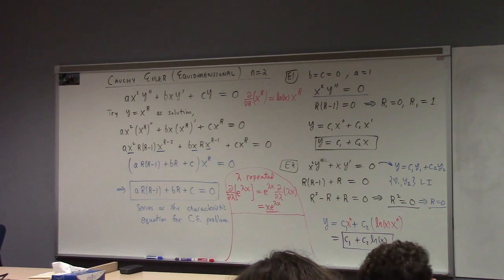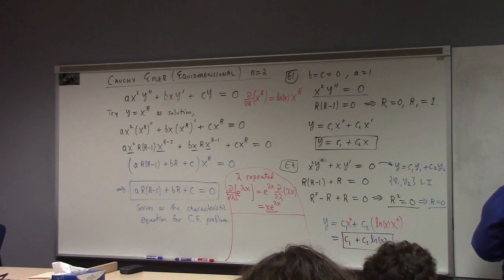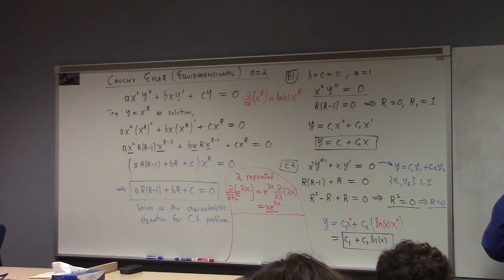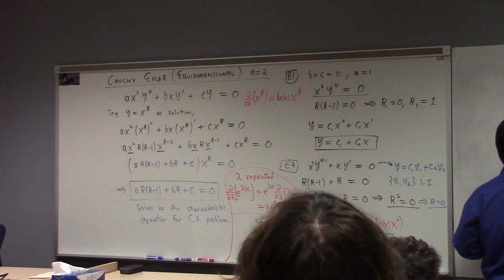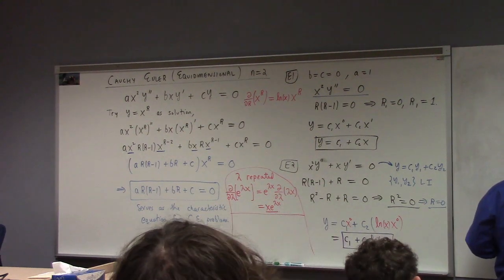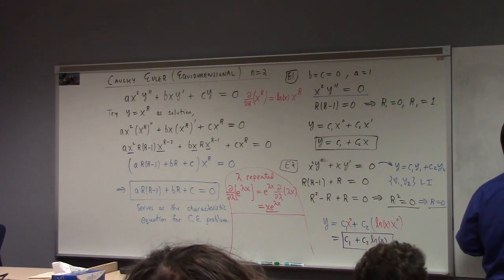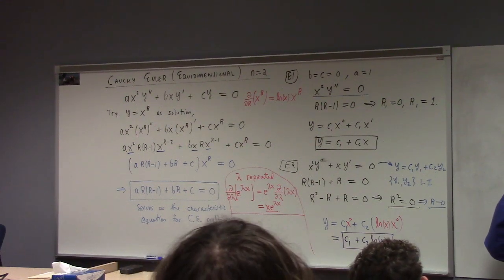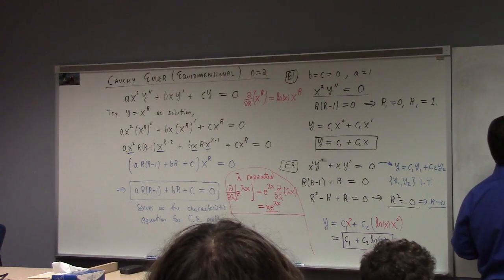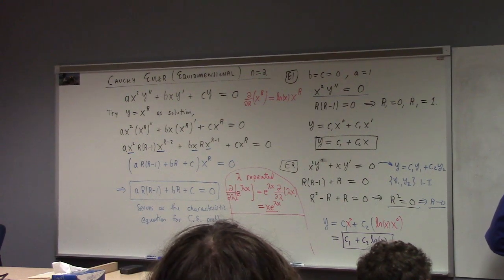All right. So we get the following characteristic equation. We get r times r minus 1 plus 3r plus 1 equals 0, which gives me r squared plus 2r plus 1 equals 0, which gives me r plus 1 quantity squared equal to 0. Look at this. So we have r equals minus 1 repeated.